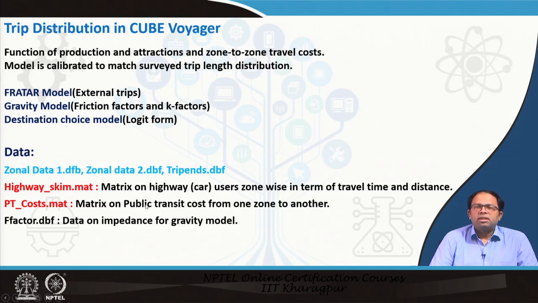So, this is the public transit generalized cost, and this is the total travel time or distance or impedance between the different zones. The F factor DBF is another file that we have already prepared. This contains the data on impedance for the gravity model. So, these are the friction factors that we have already stored.